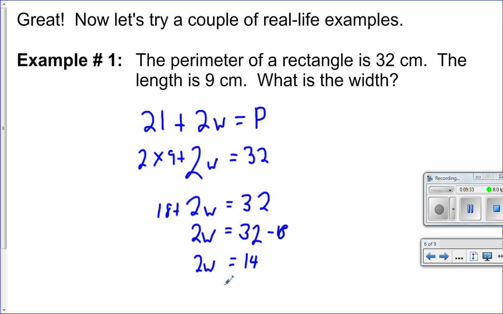Now, some simple inspection, I know that 2 times 7 equals 14. So that means that w equals 7. All right.